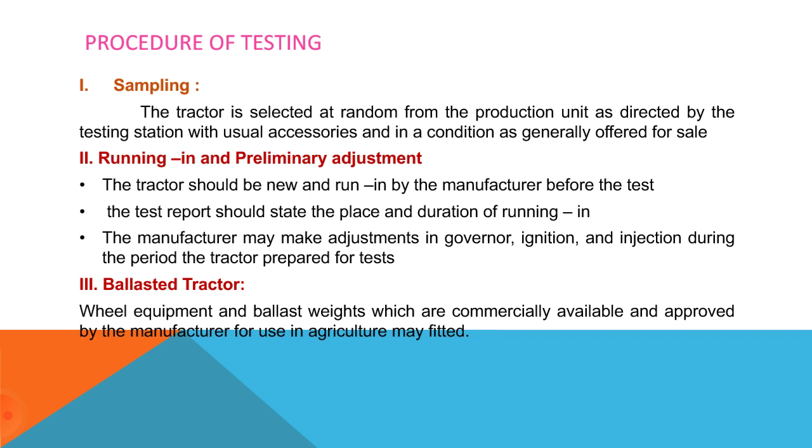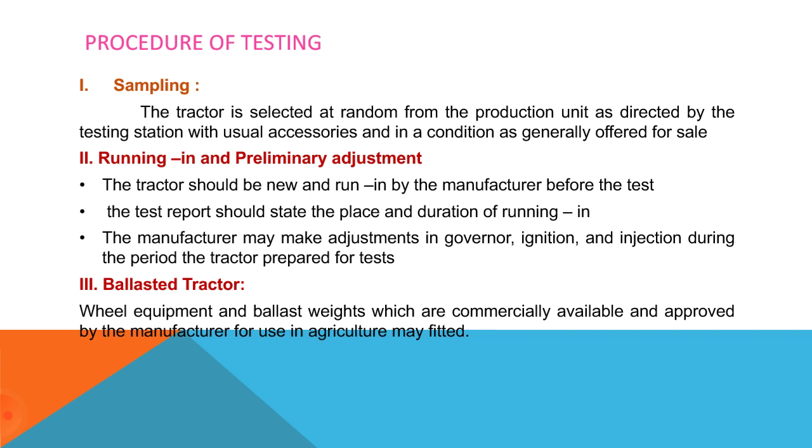After the sampling, first we go for the running in and preliminary adjustment. After we select one product, both the authority and the manufacturer need to ensure that the selected one is working properly in the initial stages itself, and that the product is prepared for the testing for the certificate scheme.